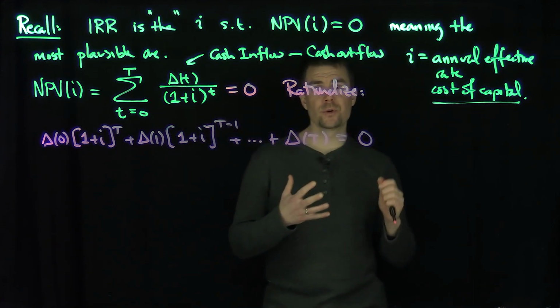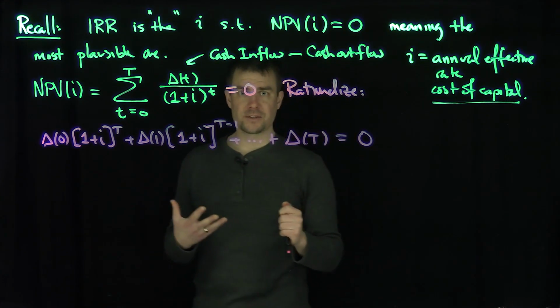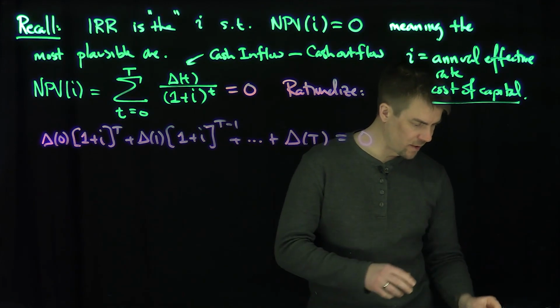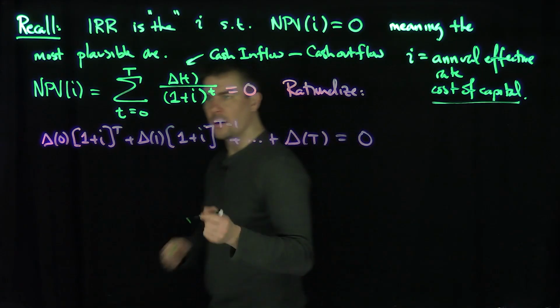Now we're going to use a result from algebra referred to as Descartes' Rule of Signs. That's the same Descartes as "cogito ergo sum", I think therefore I am. So that's René Descartes, French mathematician.